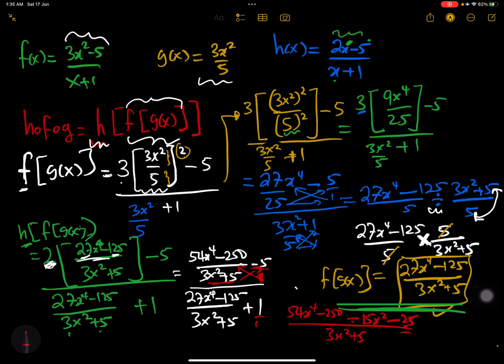And the top part is being divided by the whole of that, which is also being divided by, this 1 here multiplying the whole of that, so it's going to be 27x to the power 4 minus 125, plus 3x squared plus 5, all divided by 3x squared plus 5.